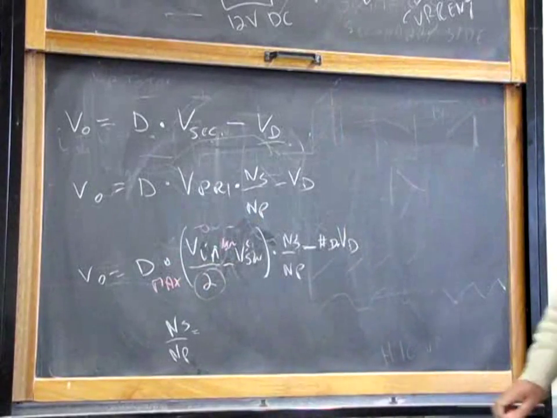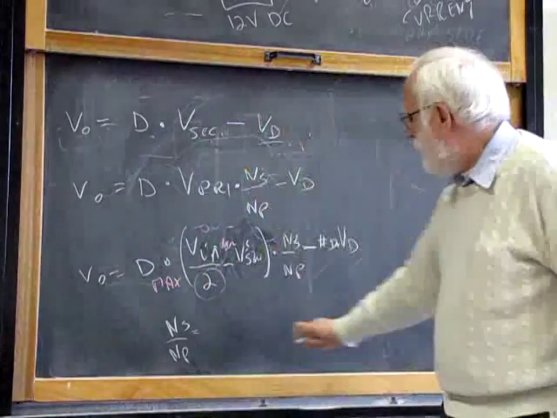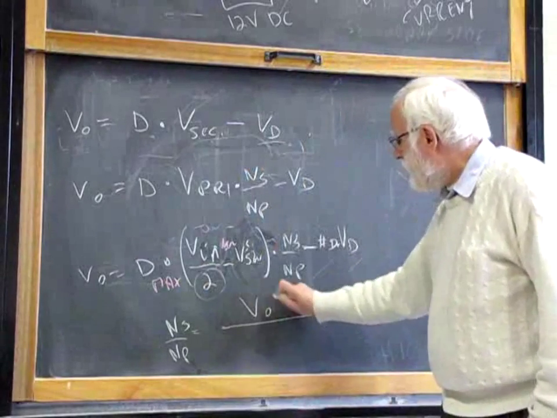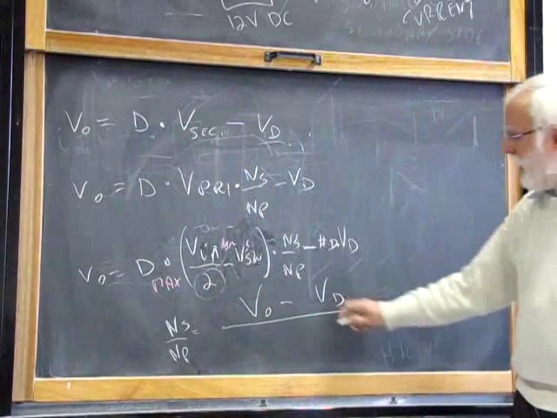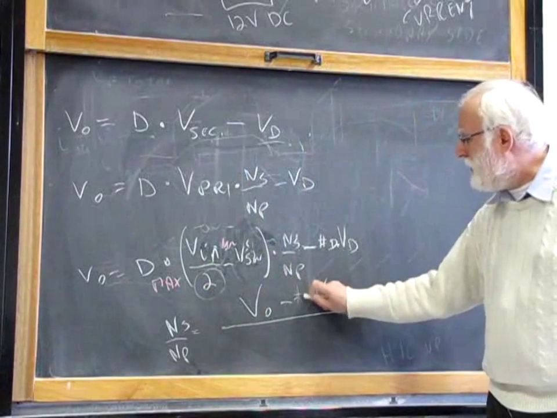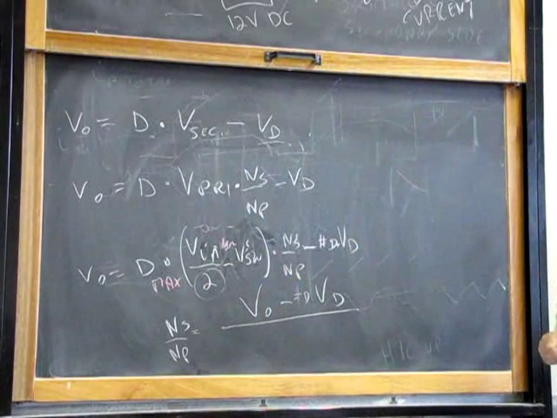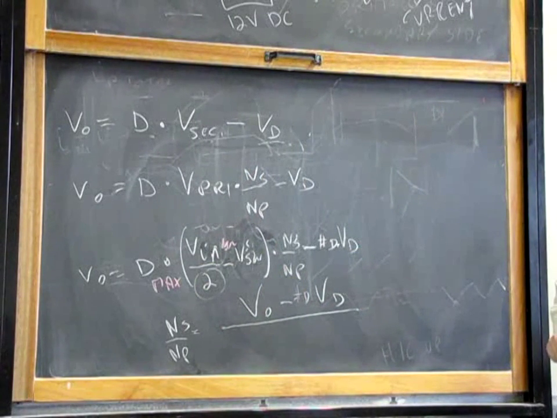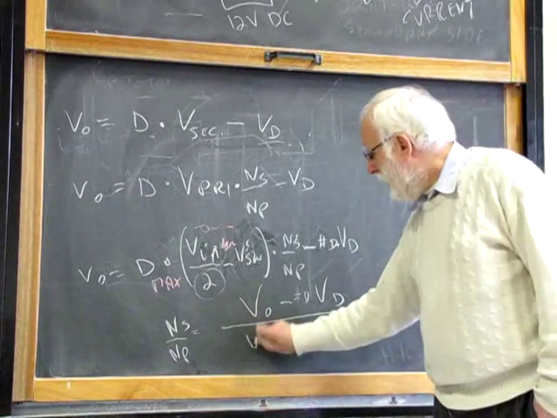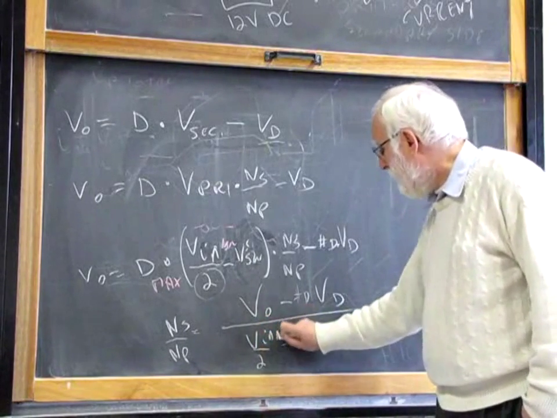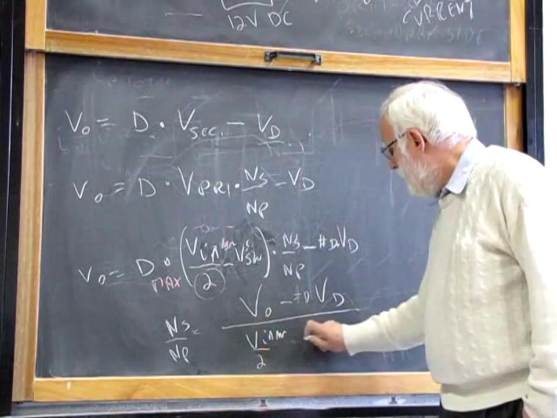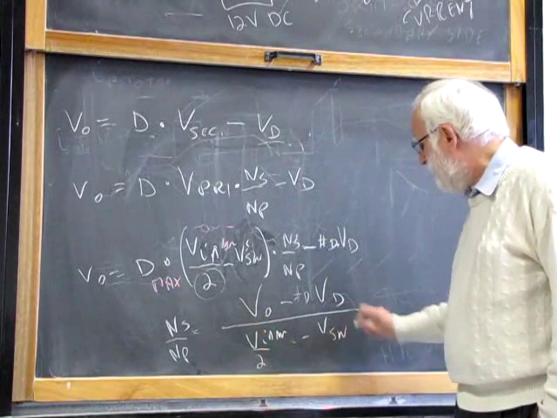Ns over Np is equal to V0 minus Vd, and if you want to put here the number of diodes, that's okay, divided by Vin over 2 minus V minimum minus V switch.